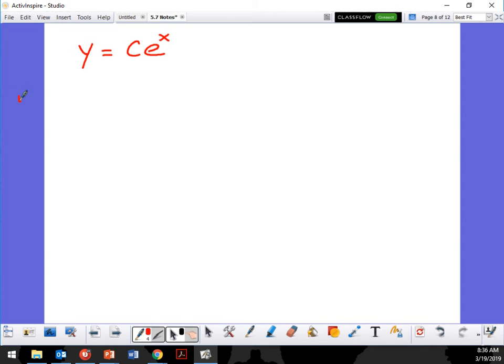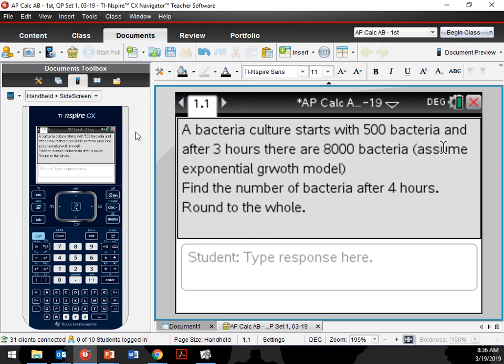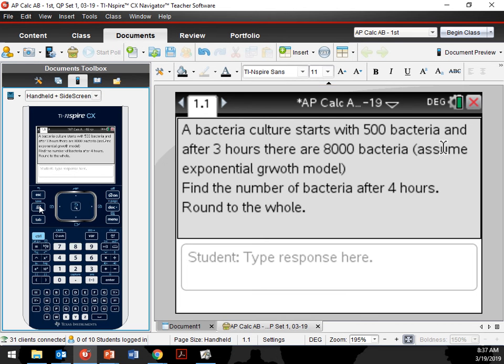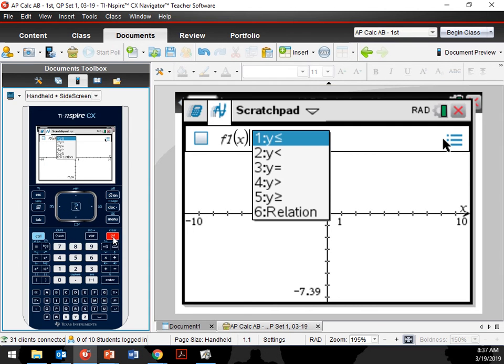Now, we're going to do a slope field. Okay, so I have to go back and remember the settings. I'm going to show you guys, but I got to pull it up on my calculator. Documents, graph, and I want to change this.